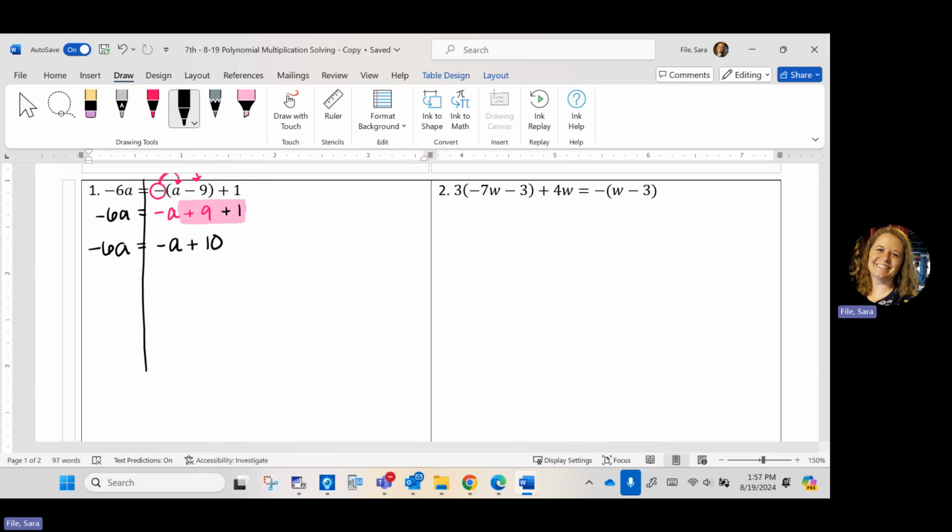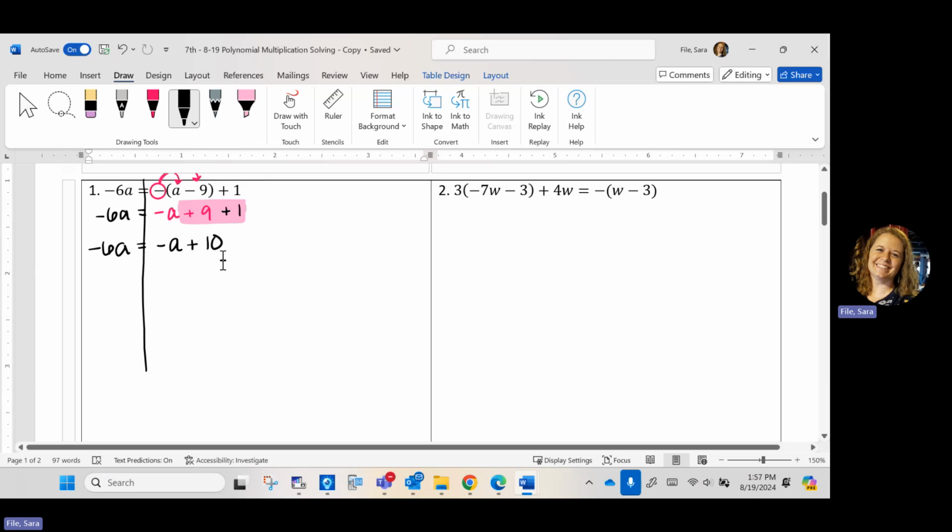So once I have all the simplifying done, I'm ready to start moving terms across that line, across that equals. So I want variables, that's my letter terms, to one side, and my constants, that's my terms without a letter, to the other side. So in this case, there's an a on both the left and right, but there's only a constant on the right.